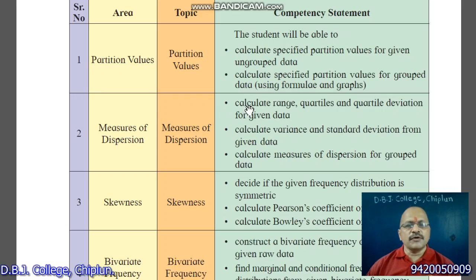In this lesson, we will study how to calculate range, quartile deviation for given data. Then we will study how to find variance and standard deviation from the given data. Also, we will study how to calculate measures of dispersion for grouped data.